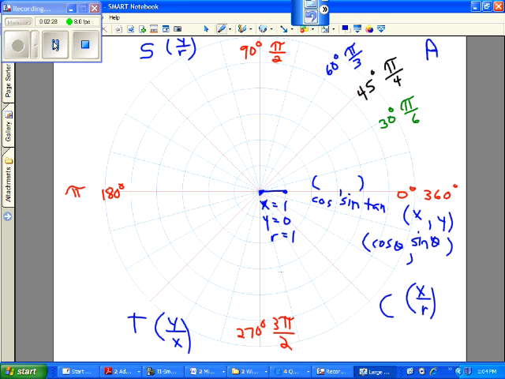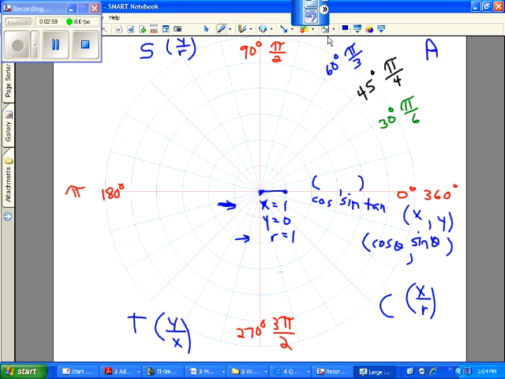So, if I'm talking about cosine, and see where I've got cosine here. If I'm talking about the cosine of 0 degrees, then I'm talking about x over r, which is 1 over, see, I'm talking about x over r for cosine, which is 1 over 1, which is 1.